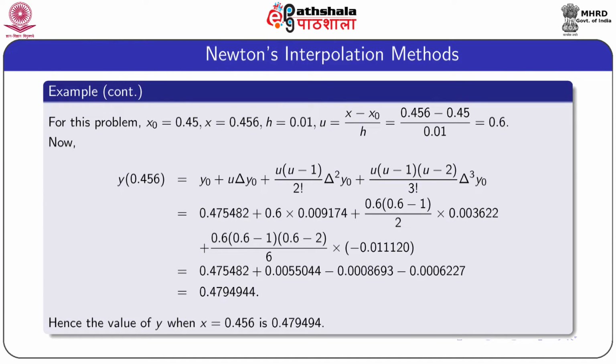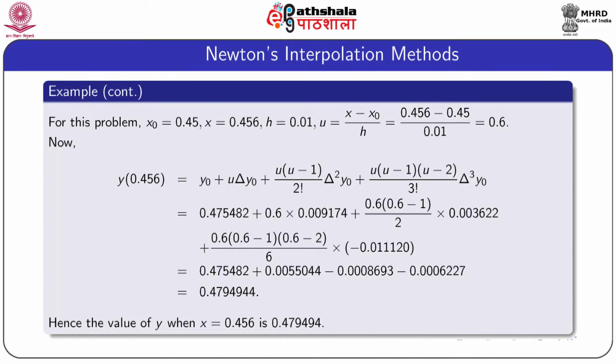So, for this problem, x0 equal to 0.45, this is the first value of the table, and x is given, which is equal to 0.456. In this case, the step length is h equal to 0.01, and hence u equal to x minus x0 by h, this is equal to 0.6.